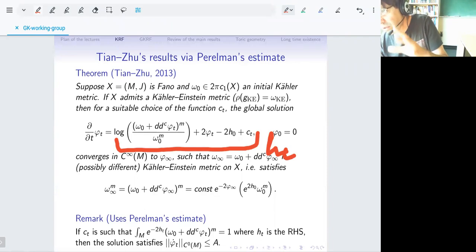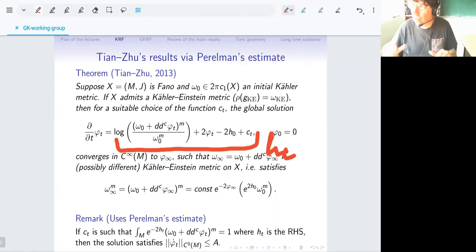I think this normalization appeared already in the Ding and Tian paper, before Perelman. But anyway, that's the normalization that works. So from many points of view, it's a natural thing to do. There are also other normalizations which are quite efficient. It's not the only one, but it's one of the natural ones.